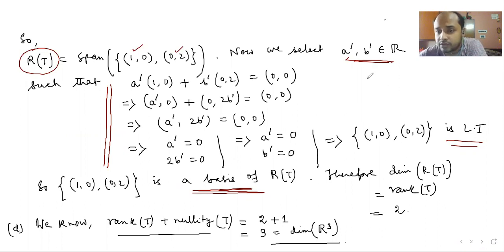Why is RT a vector space? Because in the last class, we proved that RT is a subspace of R2. Why?